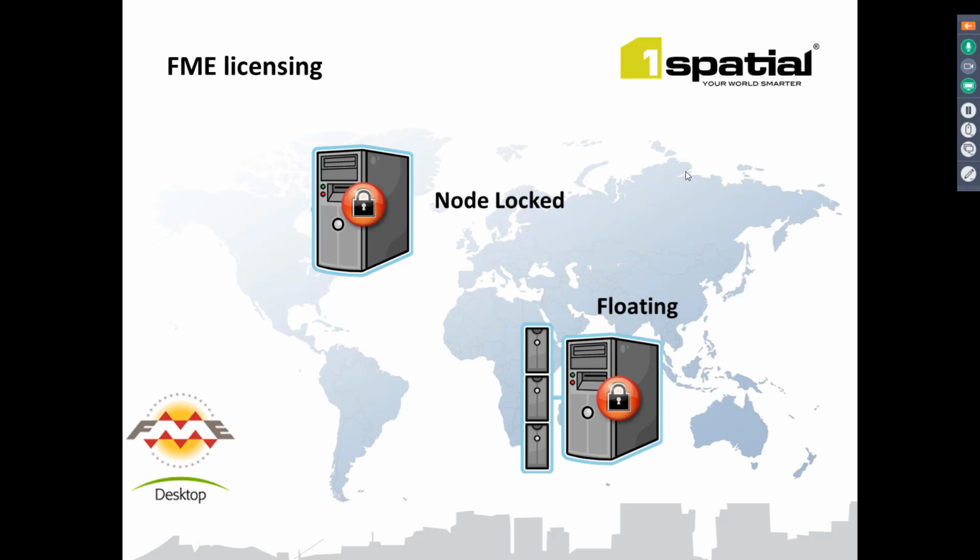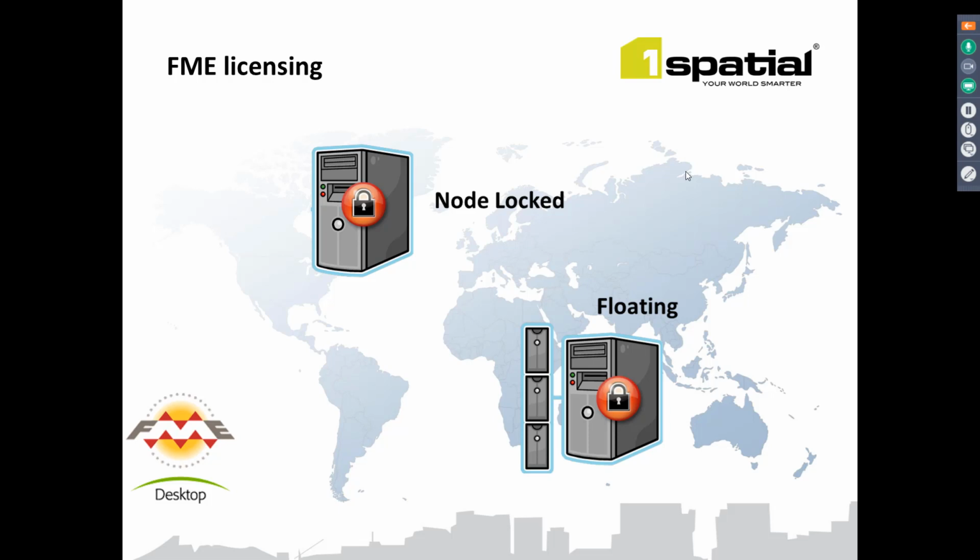And FME has a couple of licensing options. So the default is the node lock license. This is the most commonly used really. And that's tied to a particular machine, so only that machine can use the installed FME software. But you've also got a floating license option, where the license or licenses are maintained by a license server and then they're served to the client machines.